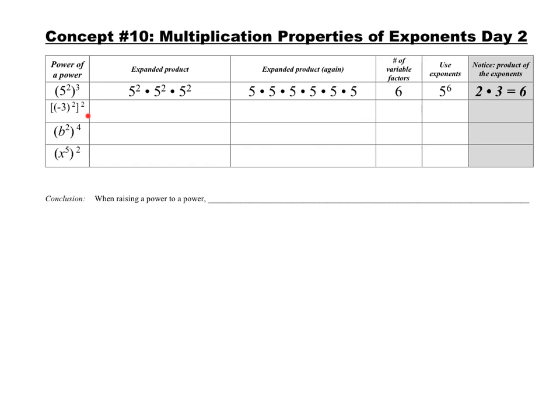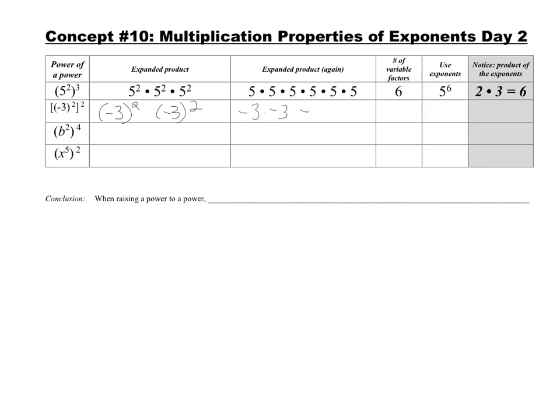So look at the next one. I look at the outside exponent, I'm taking everything in these brackets to the second power. So I just write this twice. So that would look like -3 in parentheses squared times -3 in parentheses squared. So now expand those -3 squareds. The negative is being multiplied here because it's inside parentheses.